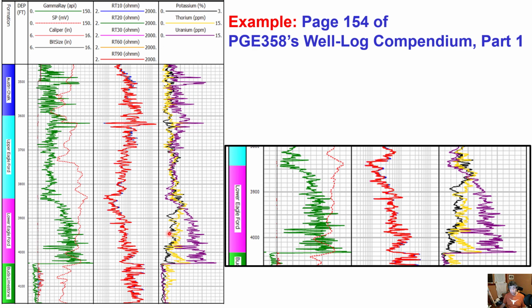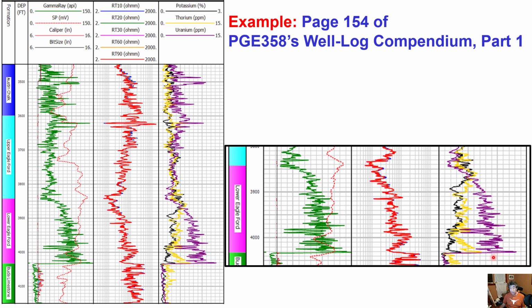What's going on here is that the uranium component of the gamma ray log is the one that increases substantially with respect to the increase observed in the thorium and potassium logs. Look at this. And why is that? Because of the presence of organic material.